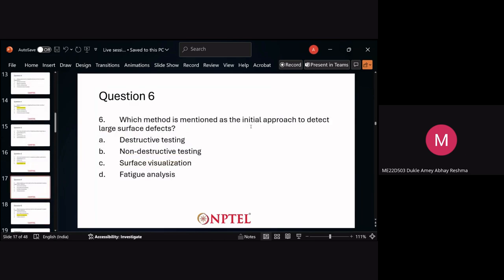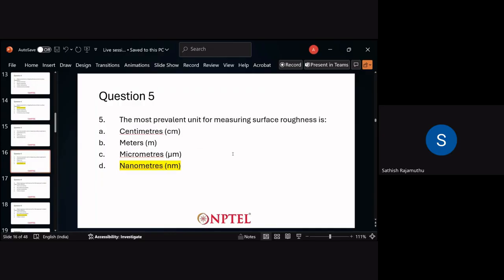Moving to the question number 6. The question is whether we can consider it micrometer or nanometer? So basically it should be micrometer. They have given nanometers, so I just put it here as nanometers, but the answer is micrometers. I'll correct it to micrometers in the slides later.